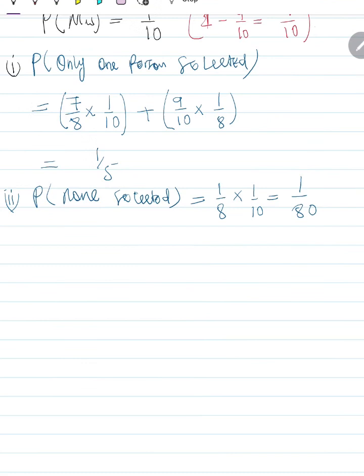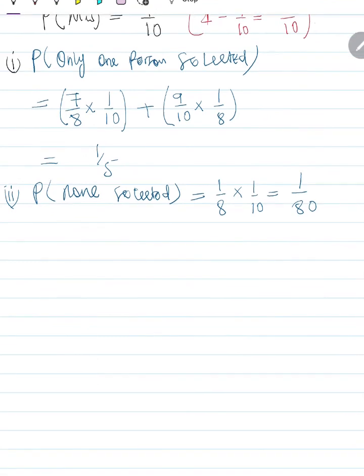Now let us go to the second question. The second question says simplify. So we are going to simplify. Okay, so what are we simplifying? We're simplifying y plus 1 divided by y squared minus 1. Okay, so what is this? We are going to use the difference of two squares.